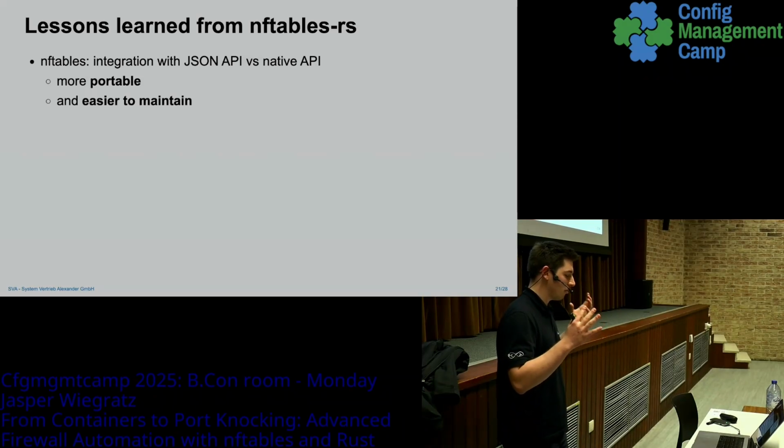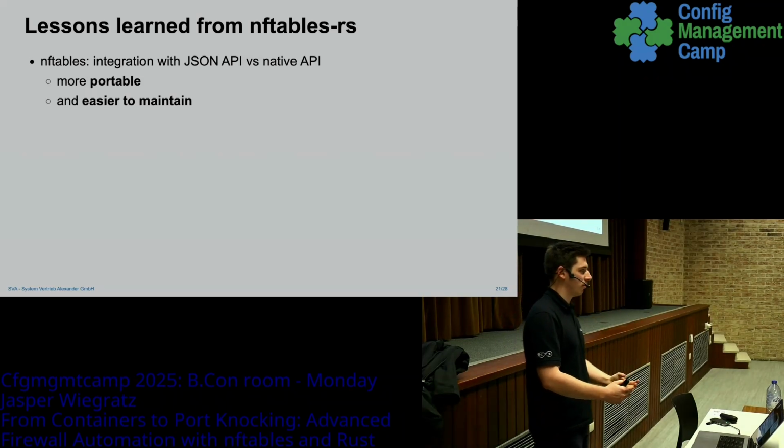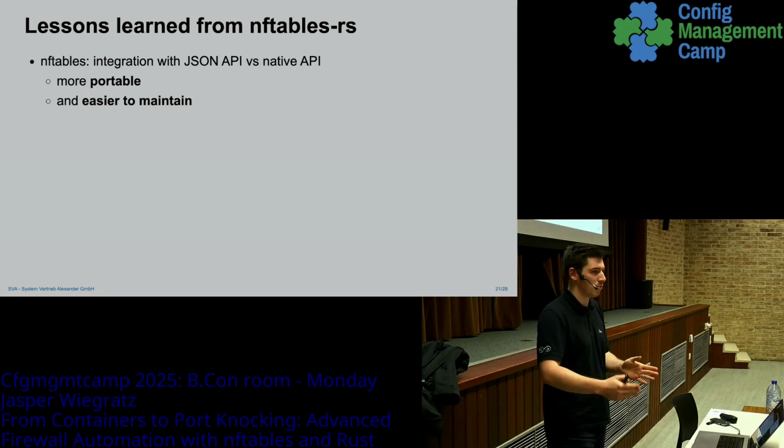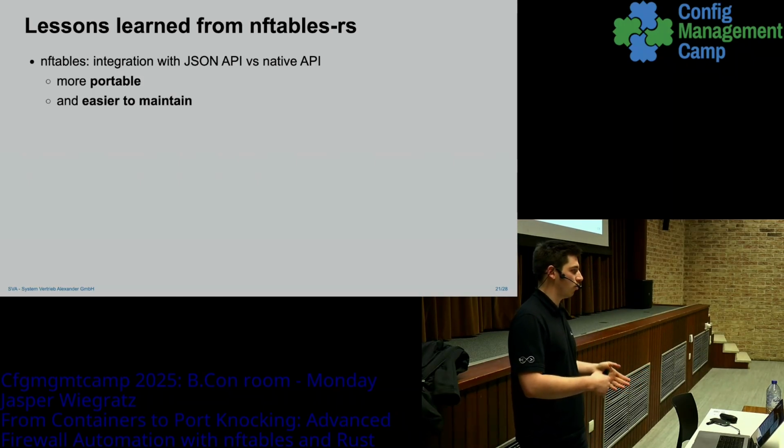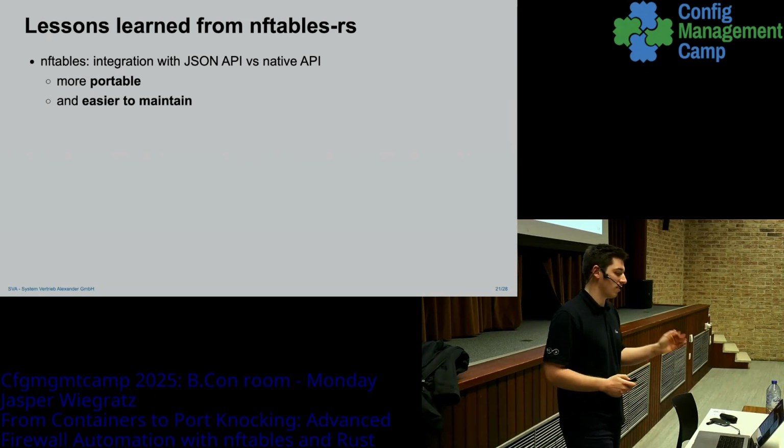Because it's really like reverse engineering nftables to do any progress, to implement more of the features of nftables on the Rust side. The JSON API, on the other hand, has some kind of documentation. It's easy to work with. So if you're going to work with nftables in another programming language, probably just pick the JSON API.